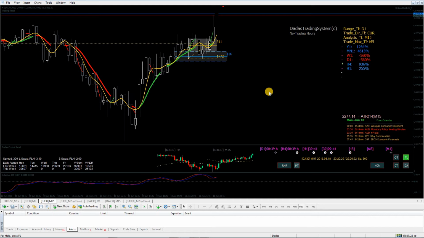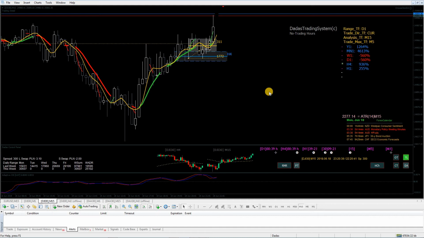Anyways, what is the idea? Well, the idea is to, instead of making trades on M1, use the range bar chart in order to make trades on it, right?